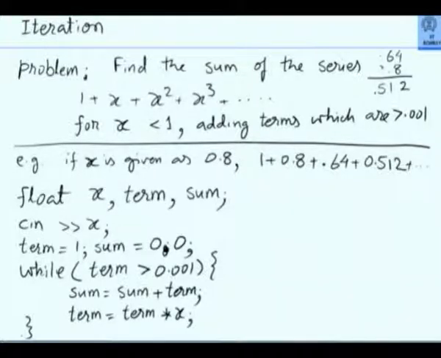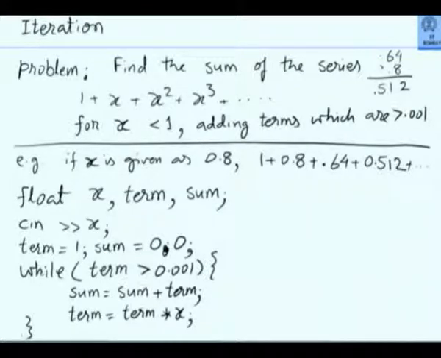This means I do two things. One, whatever is the term which is greater than 0.001, I add it to sum. And I prepare the next term for the next iteration. So I multiply the present term by x. It will become term into x. That is the new term. And when I go back to the next iteration, that term will be examined.